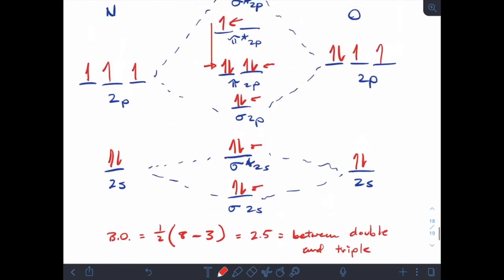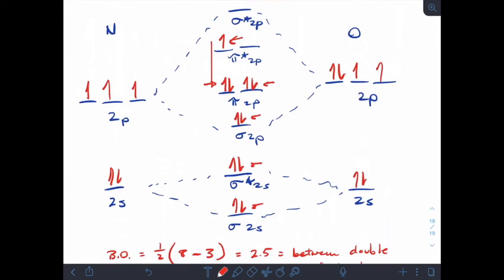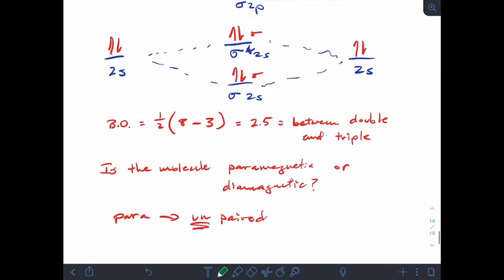So let's look in our MO diagram, and sure enough, I have an unpaired electron right there. Right? Everywhere else in this diagram, the electrons are paired up. Right? So is it paramagnetic? The answer is yes. Right? So NO is weakly susceptible to magnetic fields.